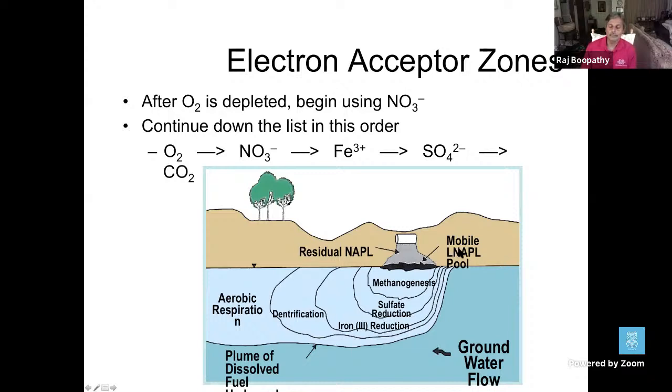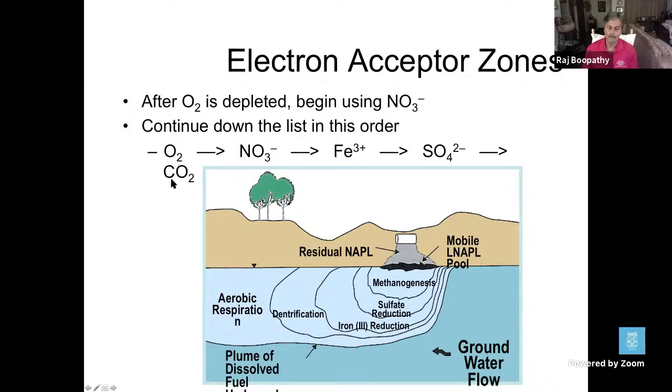Here is the LNAPL from your underground storage gasoline tank. When it gets into the groundwater, the first organisms that use it up are aerobic organisms, and all the oxygen is gone. Then you can see the second group of organisms that take over is nitrate reducing condition, then iron reducing conditions, sulfate reducing condition, methanogenic condition. This is the natural order of redox potential. So this is how it works.